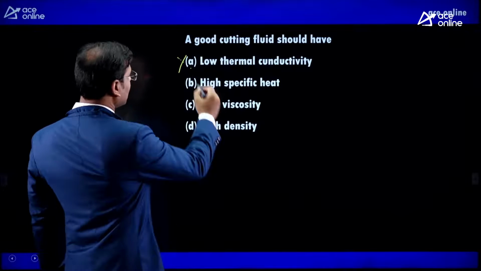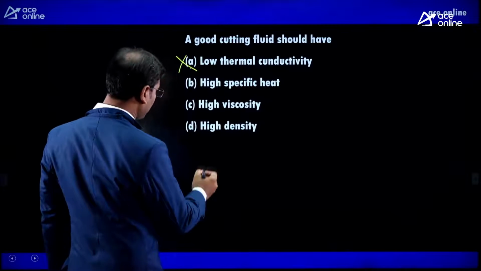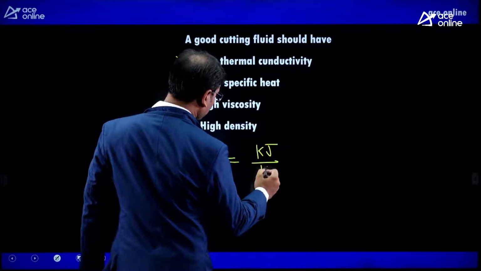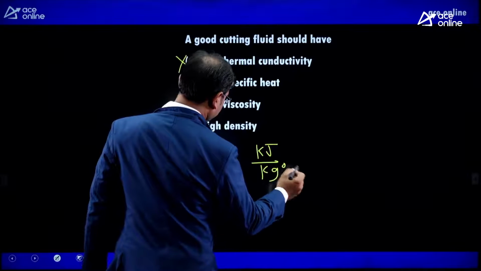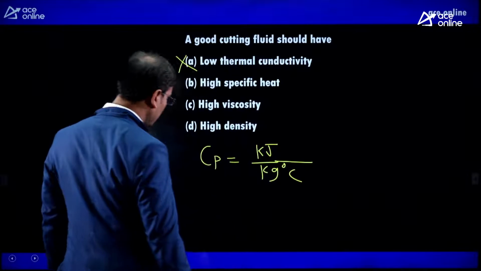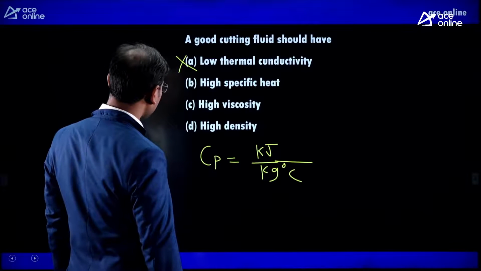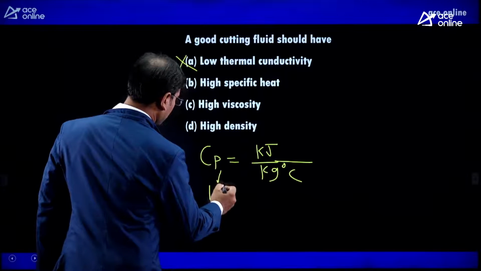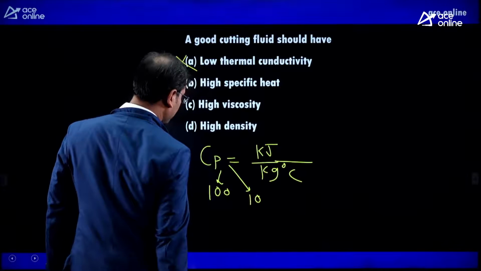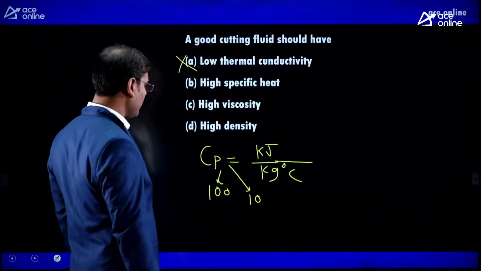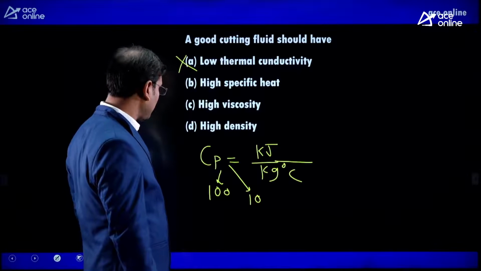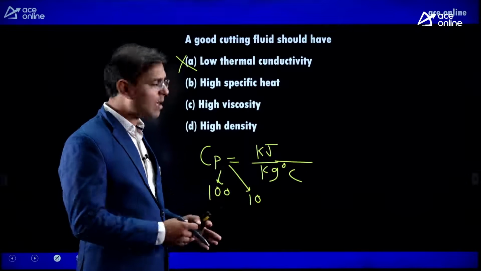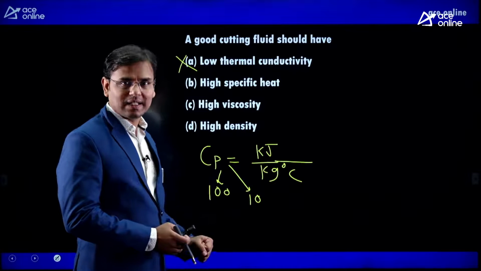Now see the next, high specific heat. Guys, specific heat is denoted by Cp and its unit is kilojoule per kg Kelvin, or kg degree centigrade also. If one material has a Cp value of 100 and the second material has a value of 10, which Cp value will you use? A Cp of 100 means 100 kilojoule of energy is required to increase the temperature of 1 kilogram of fluid by 1 degree centigrade.